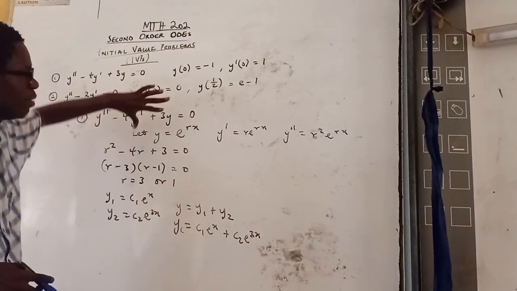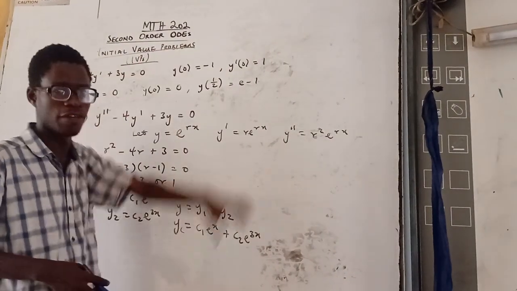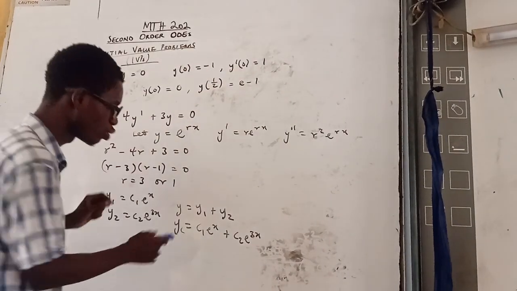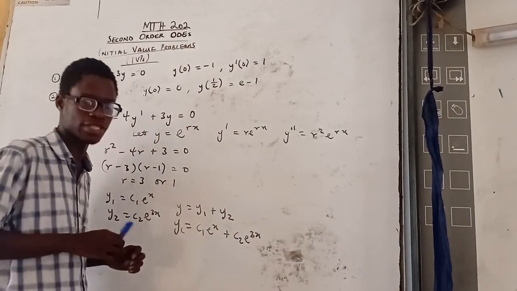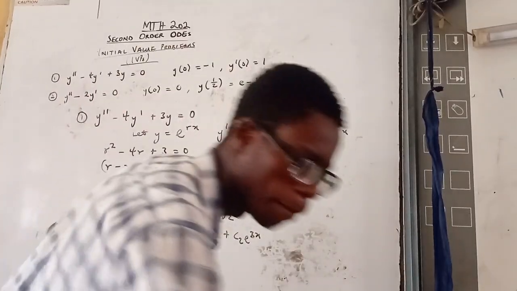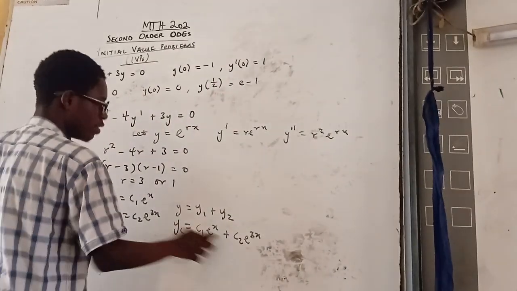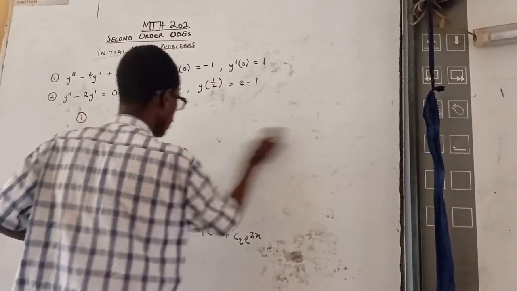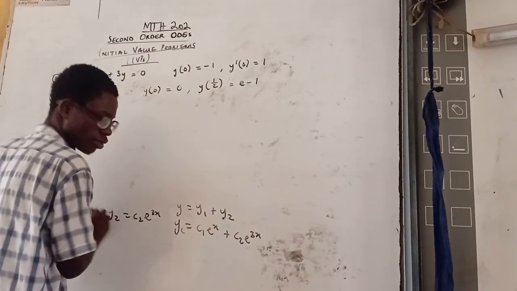So the main point about initial value problems is that we have been given these two initial values so as to remove the constants from this solution and solve for the solution of the ODE. Now let's write it out.